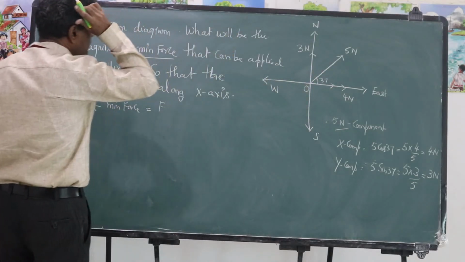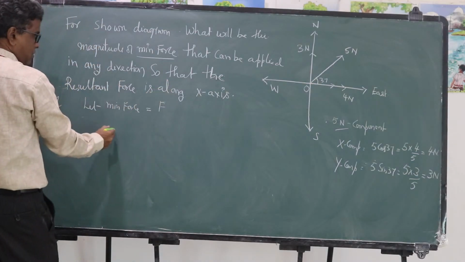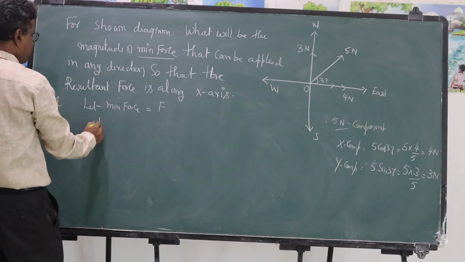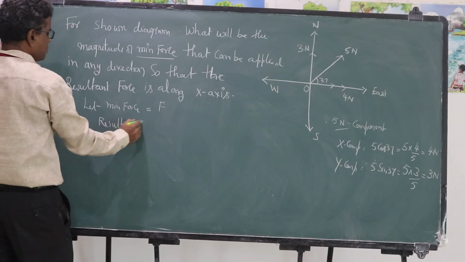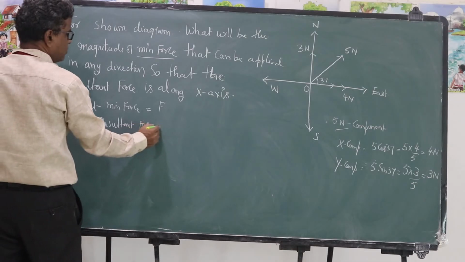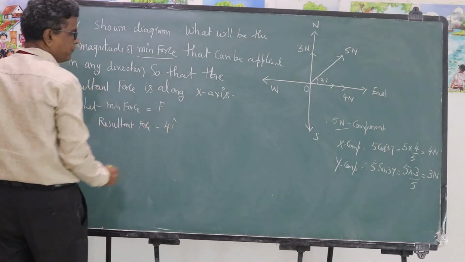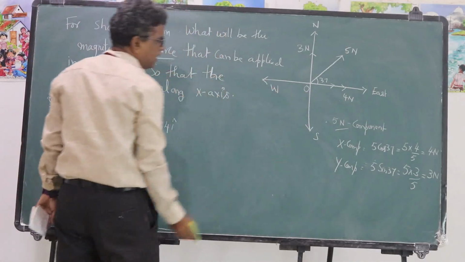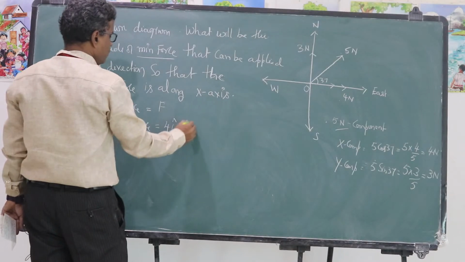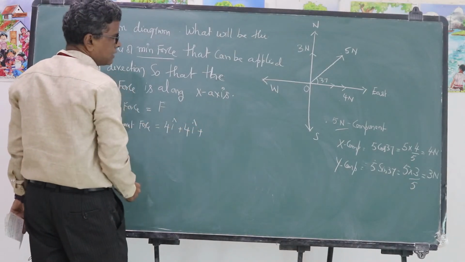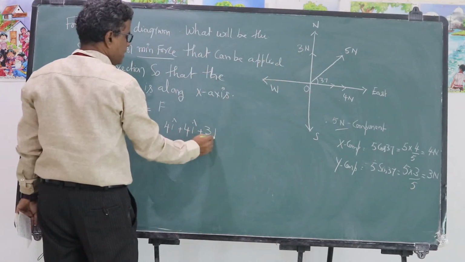So the minimum force, let it be F. So the resultant force is equal to 4 i cap, this is along the x-axis, plus 3 j cap.